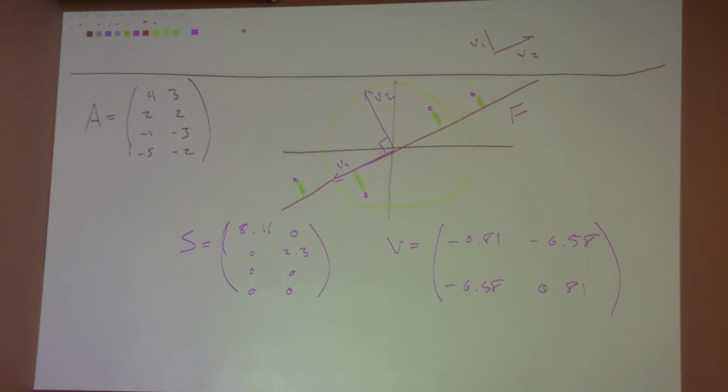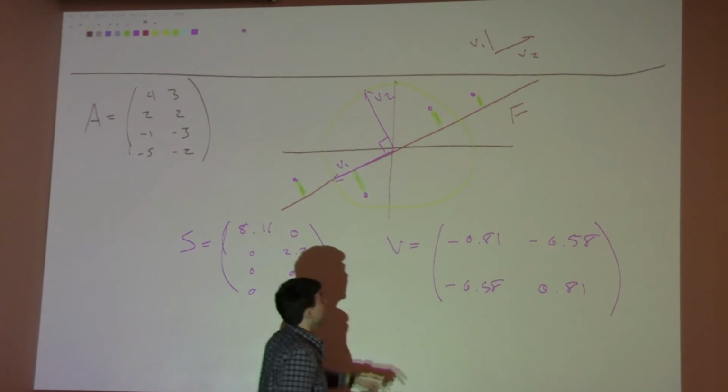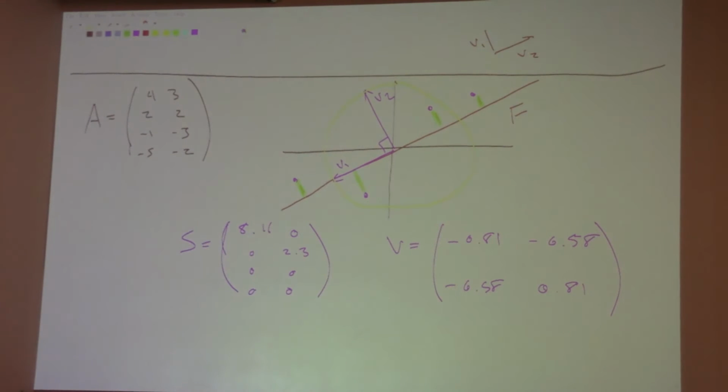And so if I wanted to write one of these data points, say the first data point at 4, 3, in these coordinates, the dot product with V1 is going to give me a negative value. This would be like -3 or something. And the dot product with V2 is going to give a positive value, like +1.